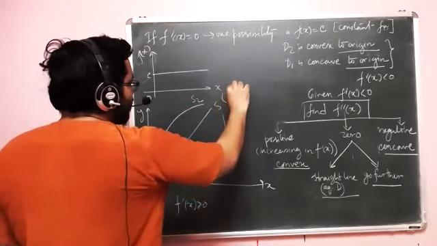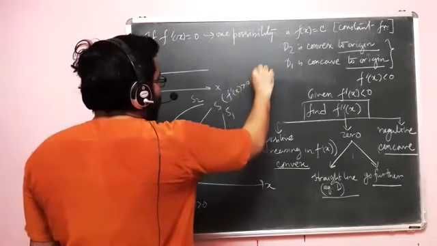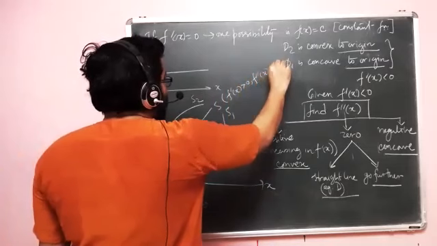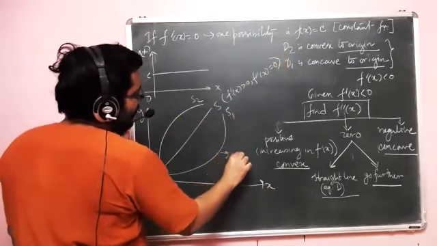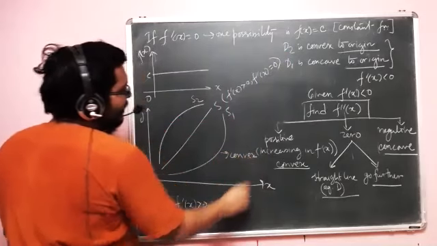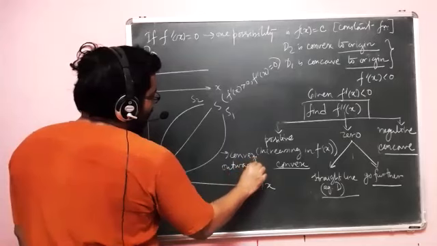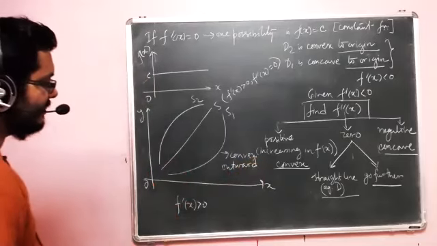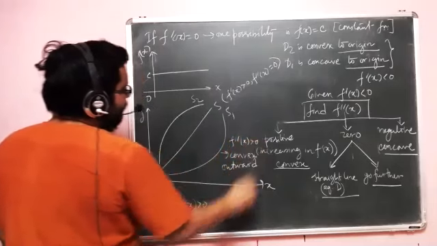That means here, although f dash x is positive, we have f double dash x equal to 0. Okay, now this one is convex, but then again it is called convex outward. Convex outward. So for this, f double dash x is positive.